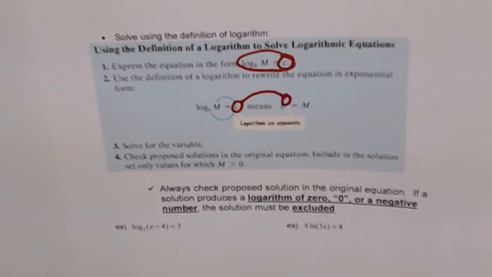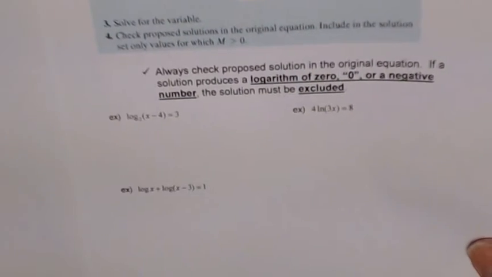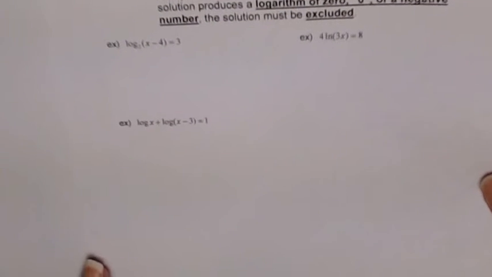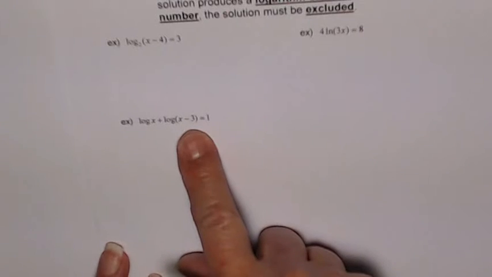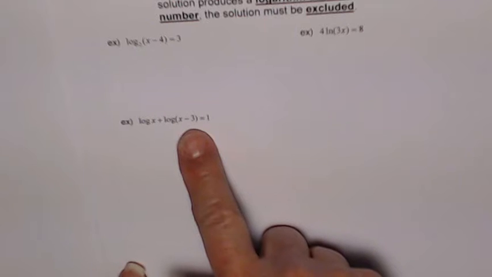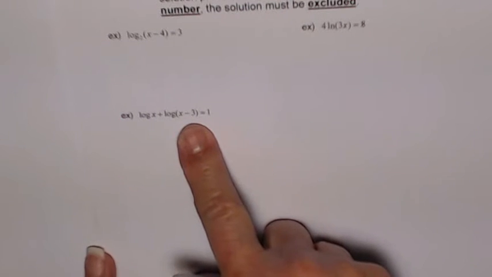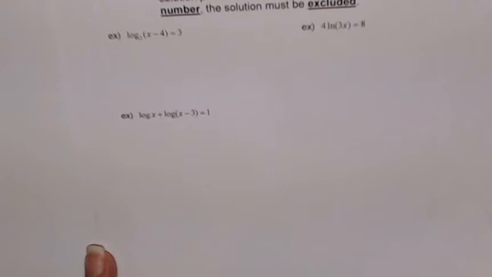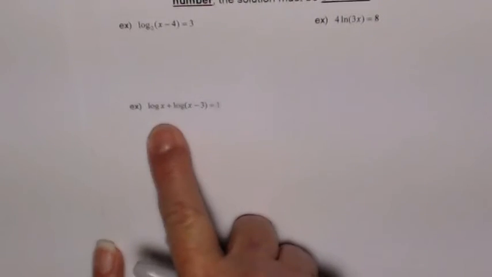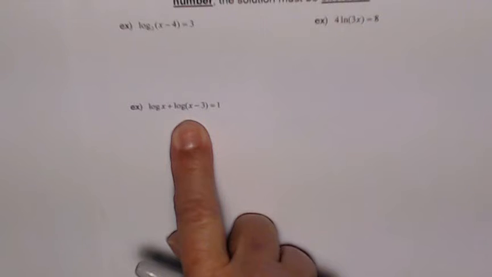So we did the first two examples last week. Now we'll finish up with this example here. We see that we have not only one, but two log statements: log x plus log (x minus 3).